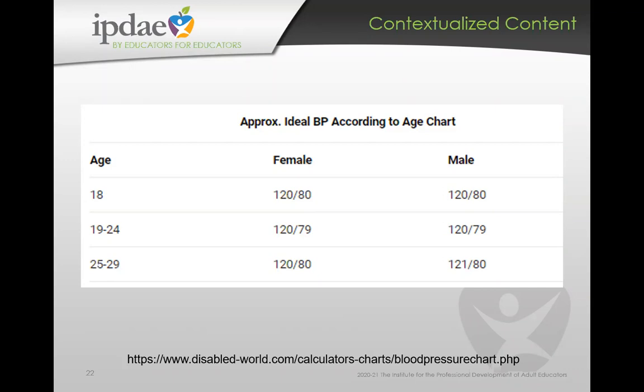Now, there's other things that go into blood pressure reading, and really making sure you're communicating accurate information to the patient. Of course, there are other factors, such as weight, that go into determining the ideal blood pressure.